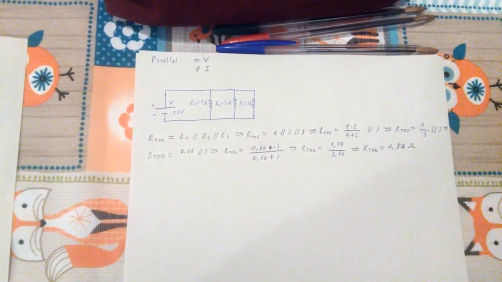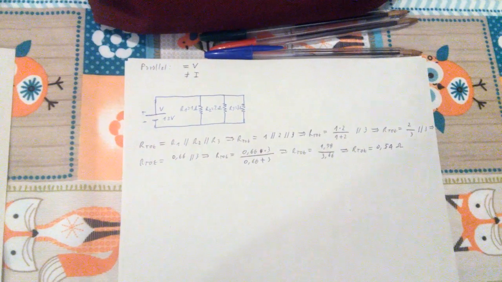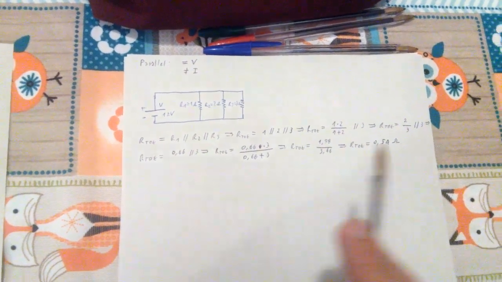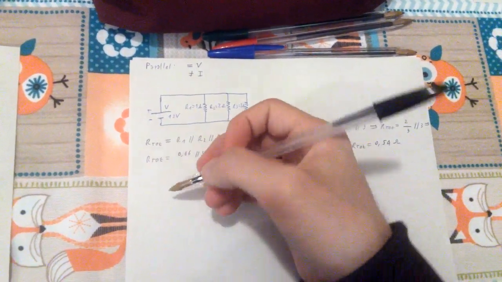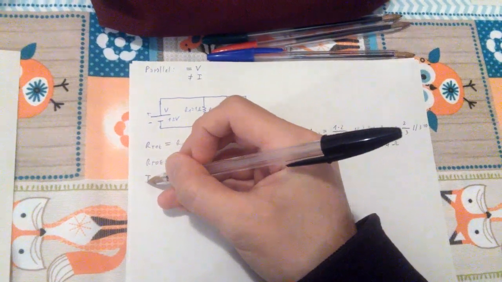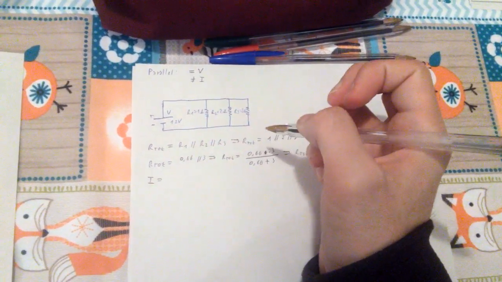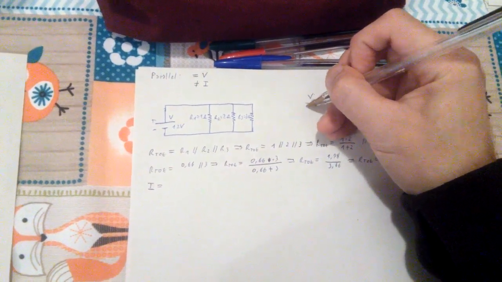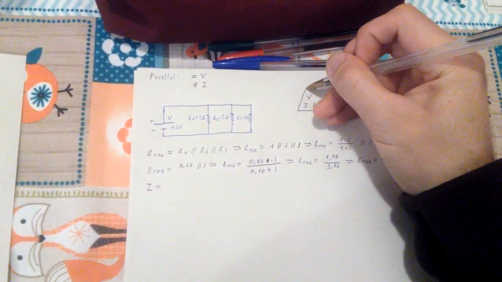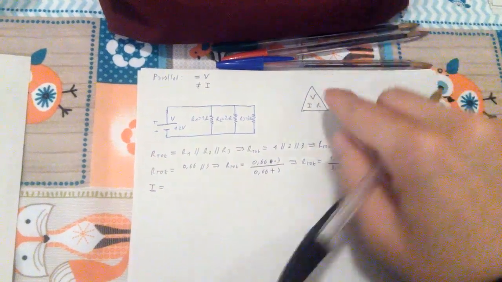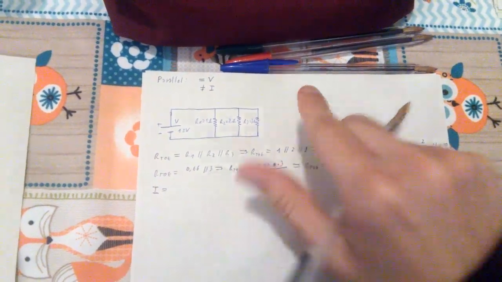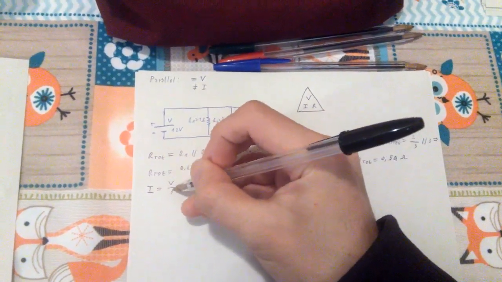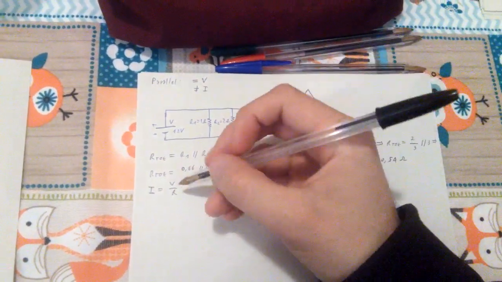So 0.54 ohm. Now, just like before, we can find the current. If you remember the triangle, we have V, I, R. So I'm going to find the current is V over R because of Ohm's first law. Very, very important.